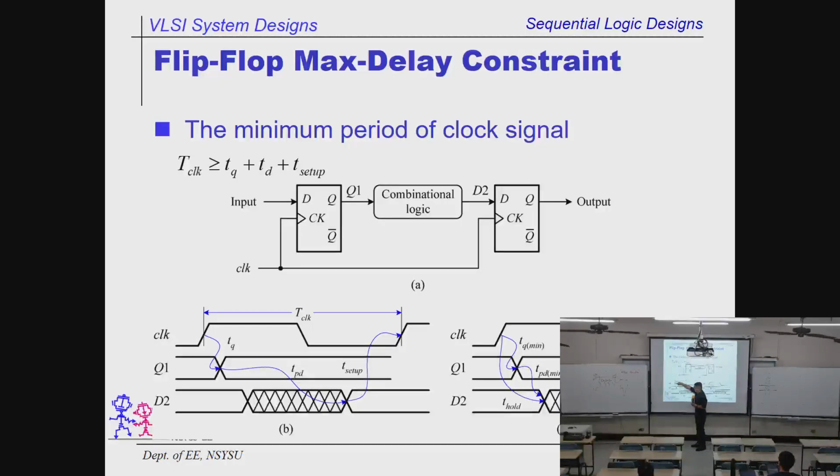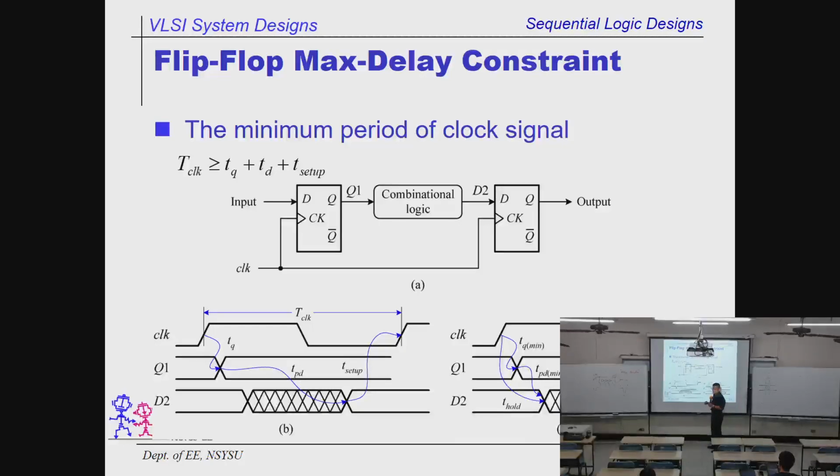This is the TQ you need from the clock to the Q1 over here. This is the time for you to carry the data from here to here. This is the TQ you need, right? Then you need some time to finish your addition. This is the so-called propagation delay.